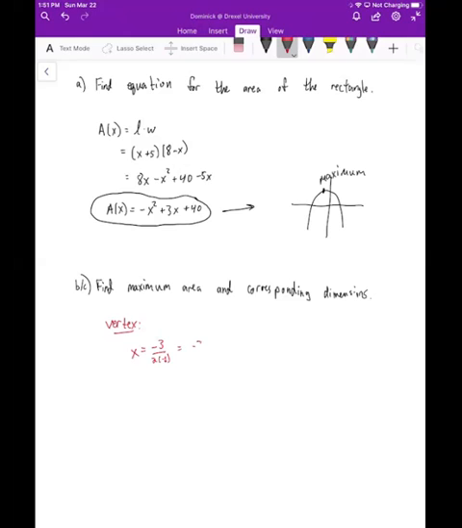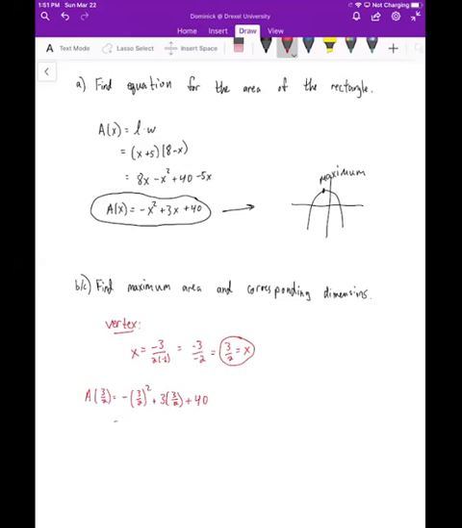So we get negative 3 over negative 2, which we can say is a positive 3 over 2. Now our y coordinate is what we get when we plug in 3 over 2. So we have negative 3 over 2 squared plus 3 times 3 over 2 plus 40.